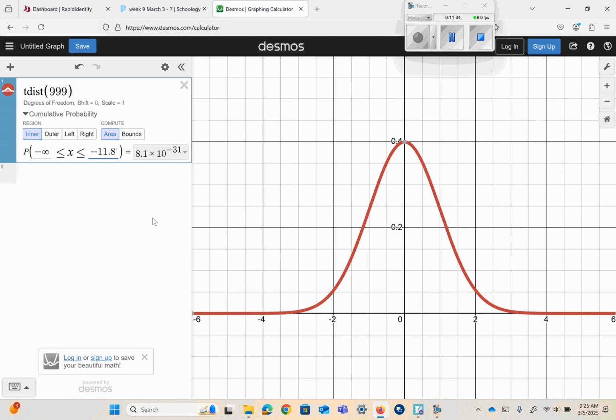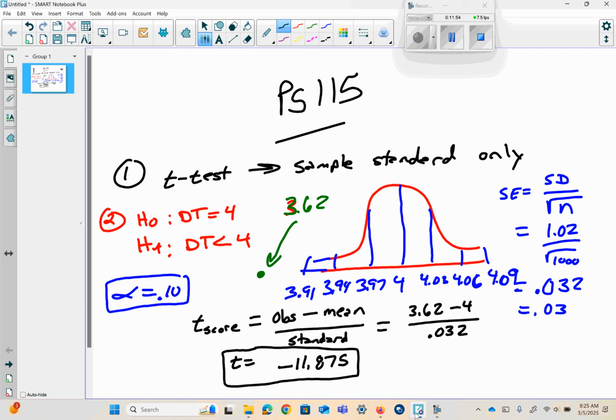My friends, this doesn't get much closer to nothing. If someone says, hey, I'm going to offer you $10 trillion, but you only get 8.1 times 10 to the negative 31st multiplied by it, you're getting nothing. So, my p-value was 8.1 times 10 to the negative 31st.